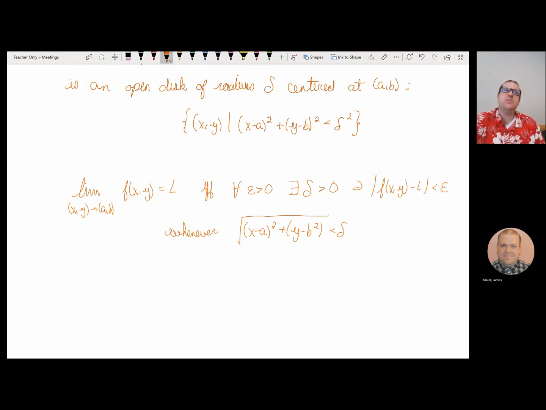And then the definition would look similar. You can just keep going for the number of variables you have. But even something as simple as increasing the number of variables by one, from single variate to two variate, makes the limit much harder.